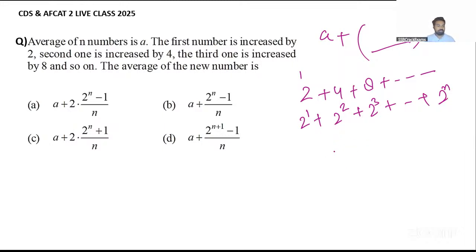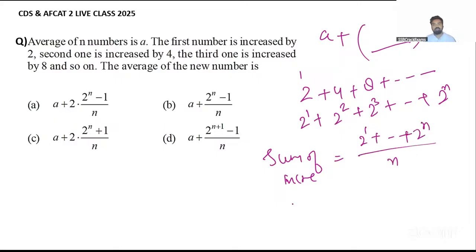So what we have is the sum of increments: 2 raised to power 1 up to 2 raised to power n, divided by n. This is what we have.